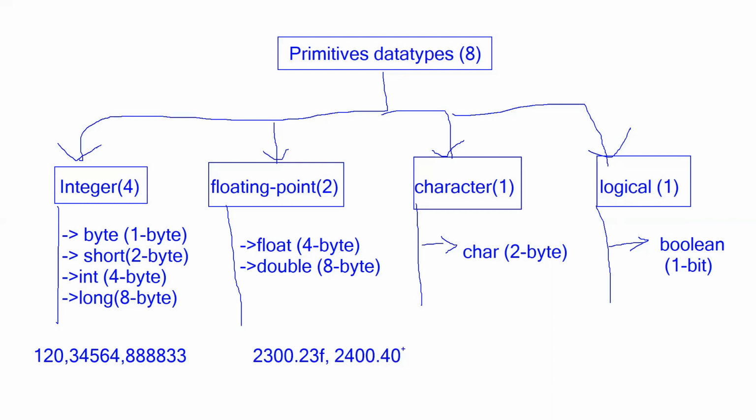So these are the float and double types. And the character is a single char like A, a single character enclosed in single quotes. Boolean deals with true or false values. So these are the types of data generally dealt with in our applications. That's all about the primitive data types in Java.